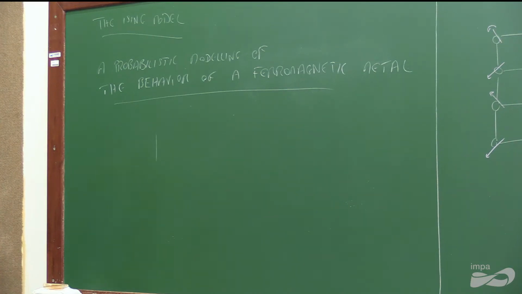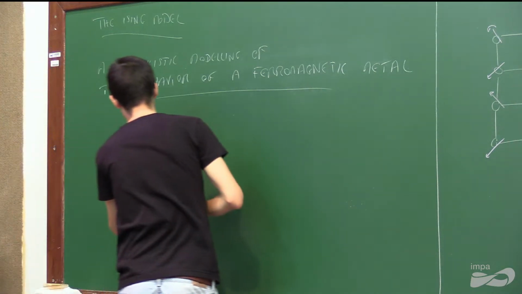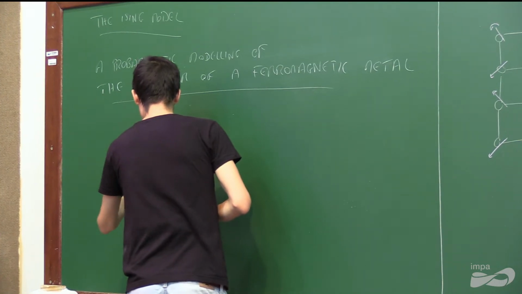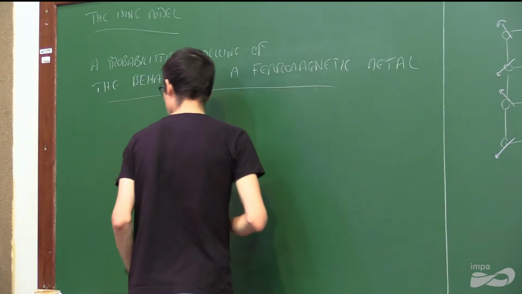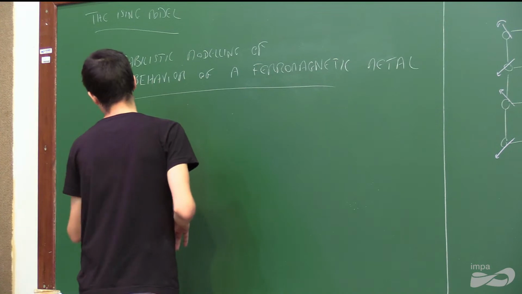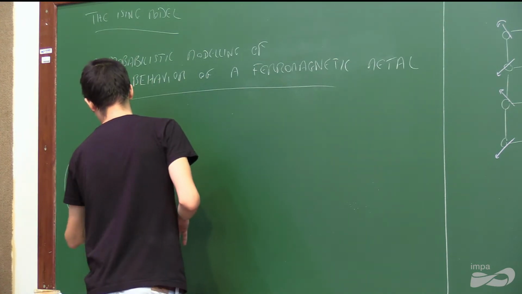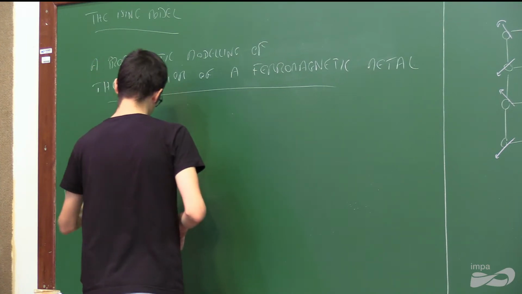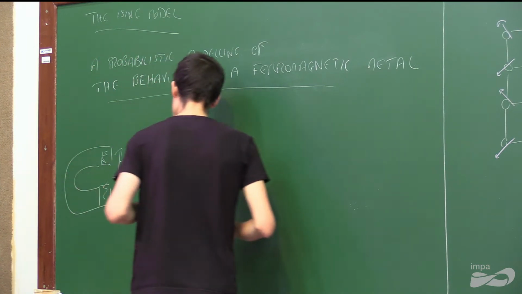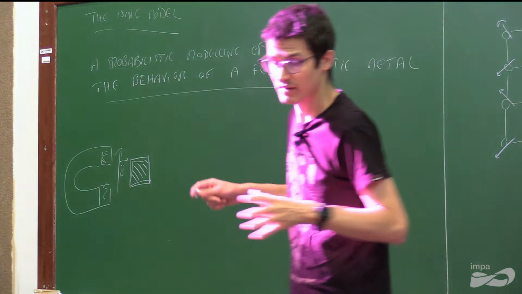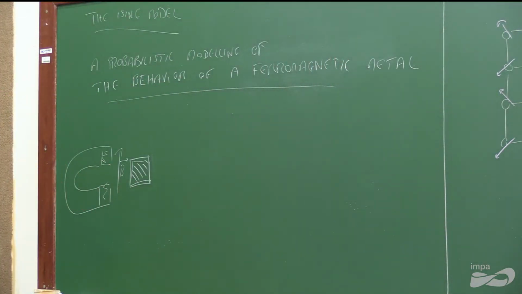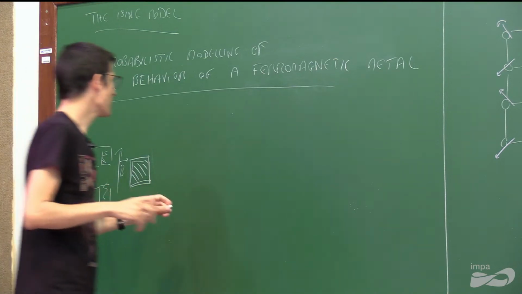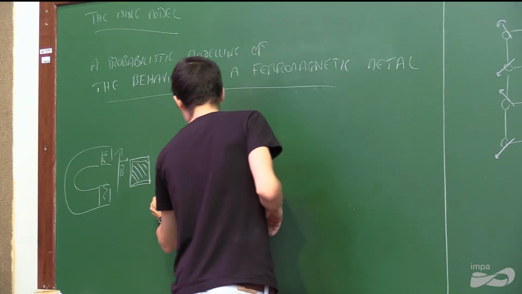Usually what you do is you take a piece of metal, okay, and you place it in a magnetic field. And what will happen is that if you place the metal in the vicinity of an intense magnetic field, and then you take it away, then it will remain magnetized.